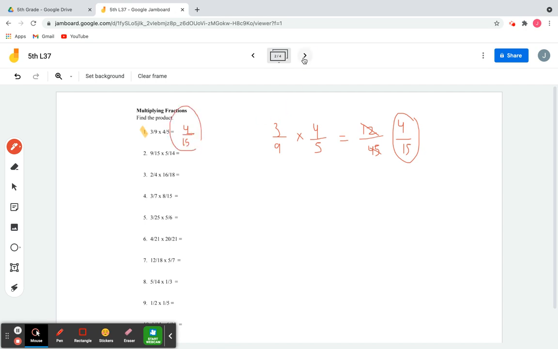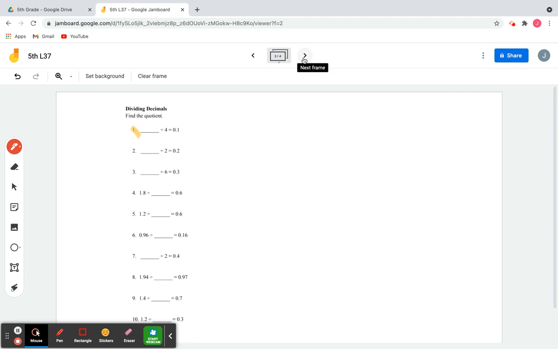And then the next page is dividing decimals. So we have this missing number. I'm going to write it as x. So x divided by 4 is equal to 0.1.